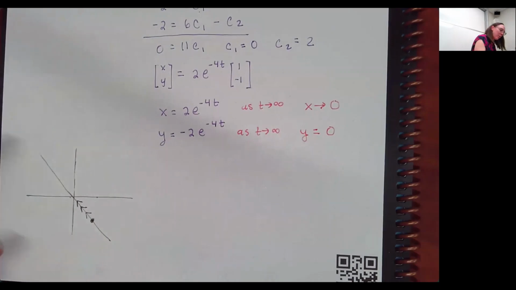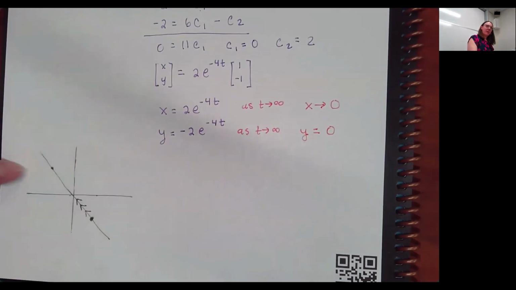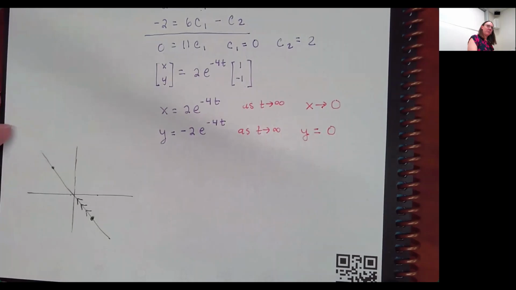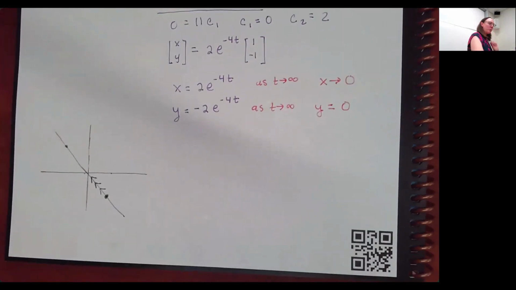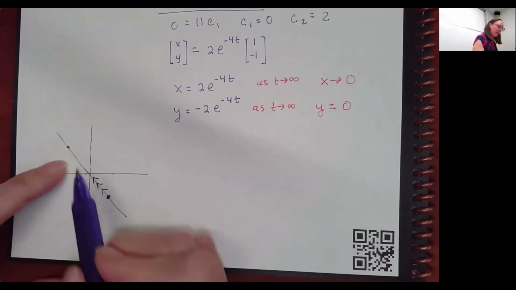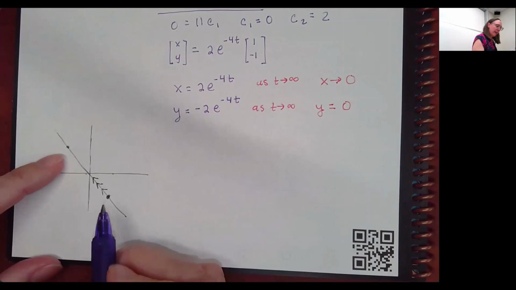If I had chosen a point over here along my eigenline as my initial condition, which just for fun, I'm going to do, but I'm going to super hit the fast forward button. So if I pick the point over here, what's that? -2, 2.